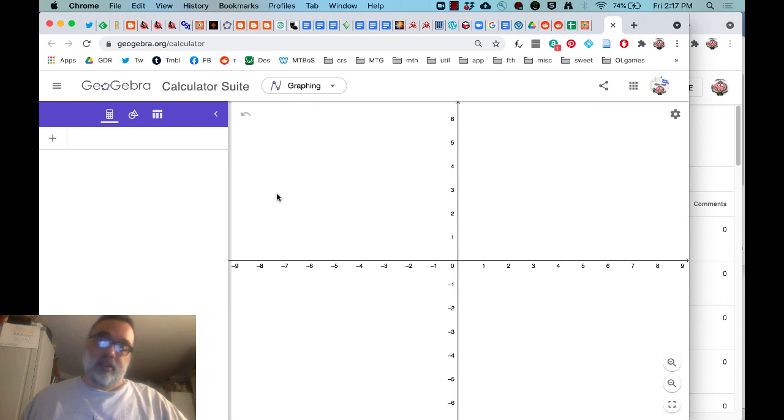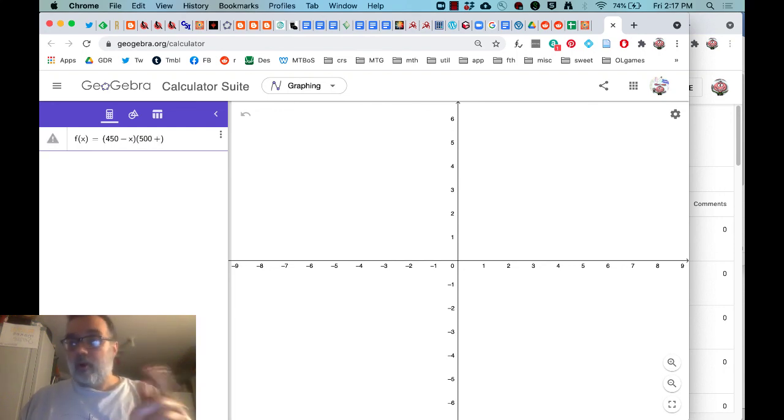Okay, so I just came over to the GeoGebra online calculator. We know we can find the derivative from there, right? And the function we were working with is: if we lower the price by x dollars, we sell more than the 500 we were selling, by 2 phones for every dollar we lower the price.